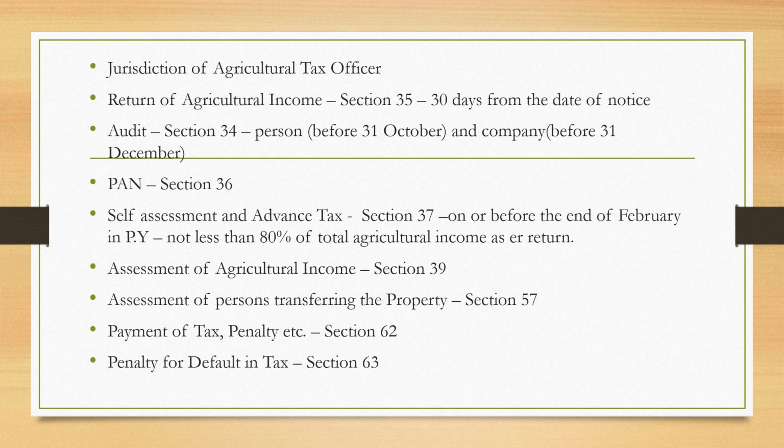And in the case of continuing default, such further amount or amounts as the agriculture income tax officer may from time to time direct. However, the total amount of penalty does not exceed the amount of tax in arrears. So, the only restriction here is that the total amount of penalty does not exceed the amount of tax in arrears.